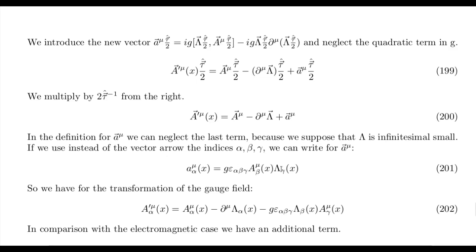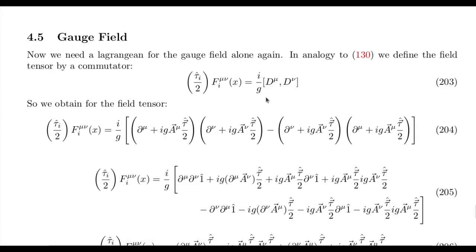Then we have for the transformation of the gauge field, here 202. We have for the transformed new gauge field the old one, then minus the derivative of the parameter lambda. That is the same that we had in the electromagnetic case. But here we have an additional term, this vector product.